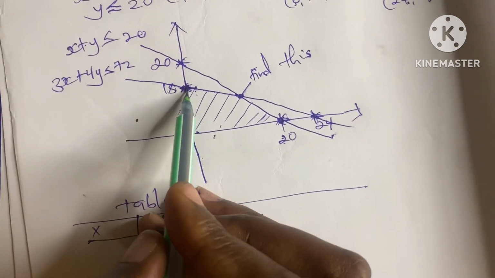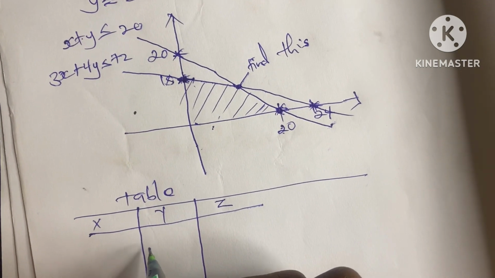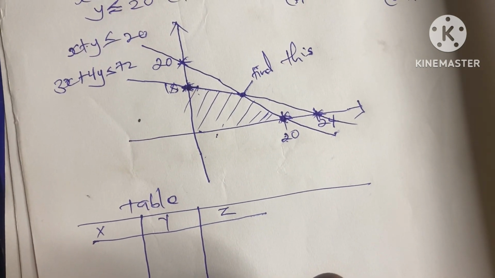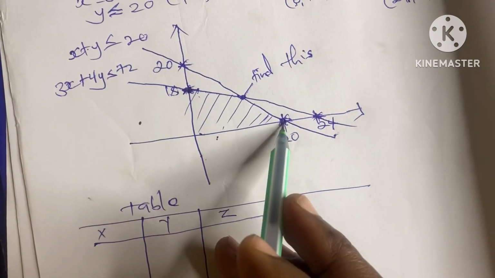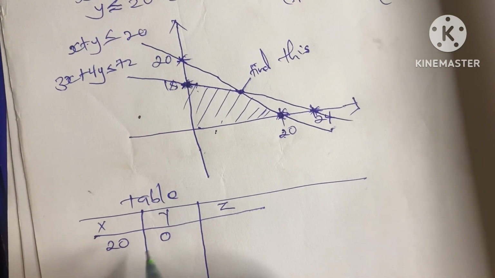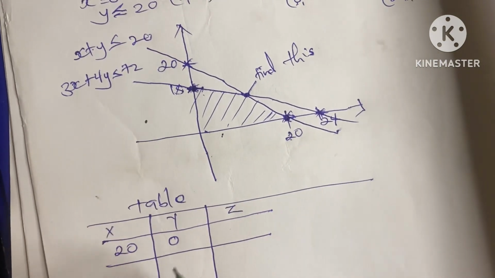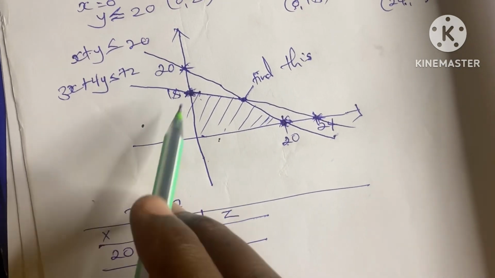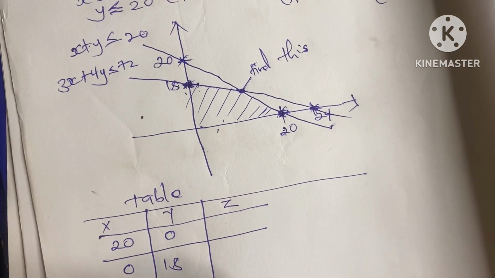So for the first point, let's start with this. For this, x is 20, y is 0. Then the next one, we do not know the value of z yet. Then this one, x is 0, y is 18.